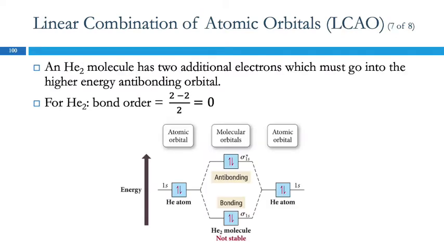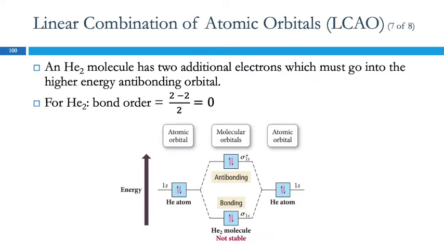So let's look at a helium molecule, right? He2. So here we have the orbital diagram for a helium atom. It has 2 electrons in the 1s orbital, and here's the other one. These 1s orbitals combine, and they're going to form the same sorts of things: a bonding orbital and an anti-bonding orbital.